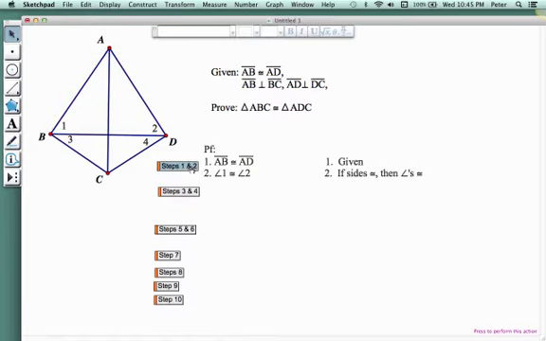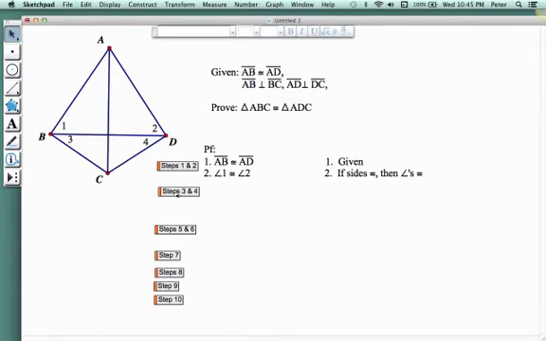Okay, knowing that AB is congruent to AD means that angle 1 is also congruent to angle 2, because if sides are congruent, then the angles opposite them are congruent. And opposite AB is angle 2 in this triangle on top, and opposite AD is angle 1, also just referring to this triangle on the top.